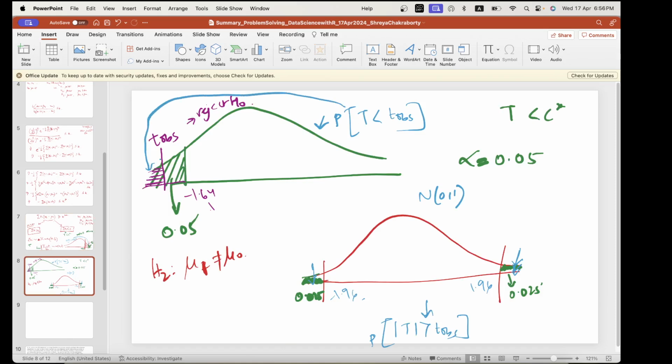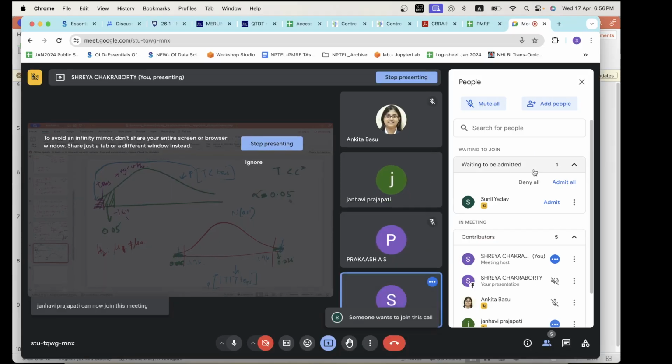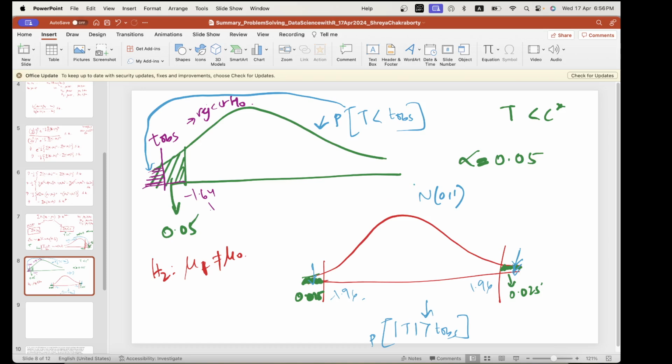All right. And if you do this, probability mod T greater than T observed, what you are doing is you are considering anything that falls to the right of this blue, which means probability T greater than T observed plus probability T less than minus T observed.